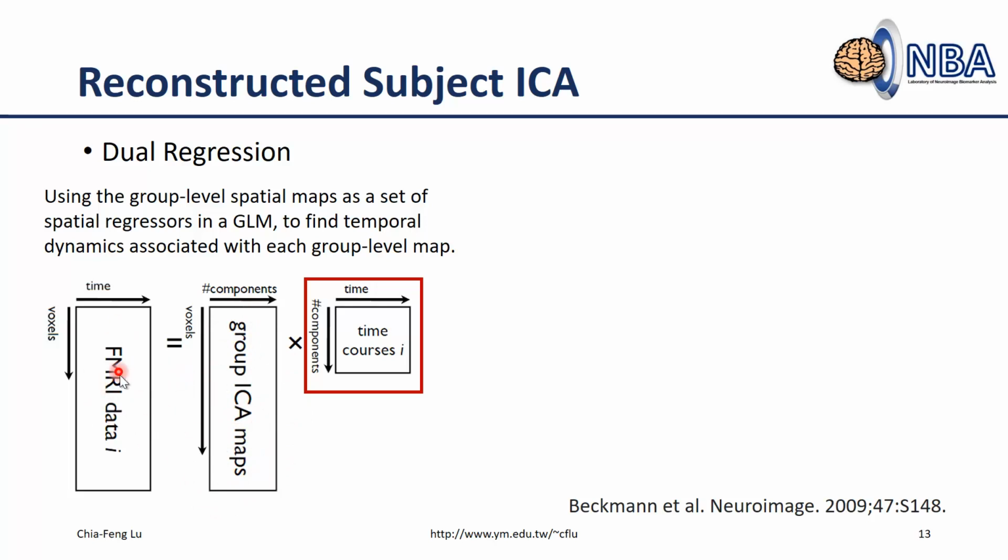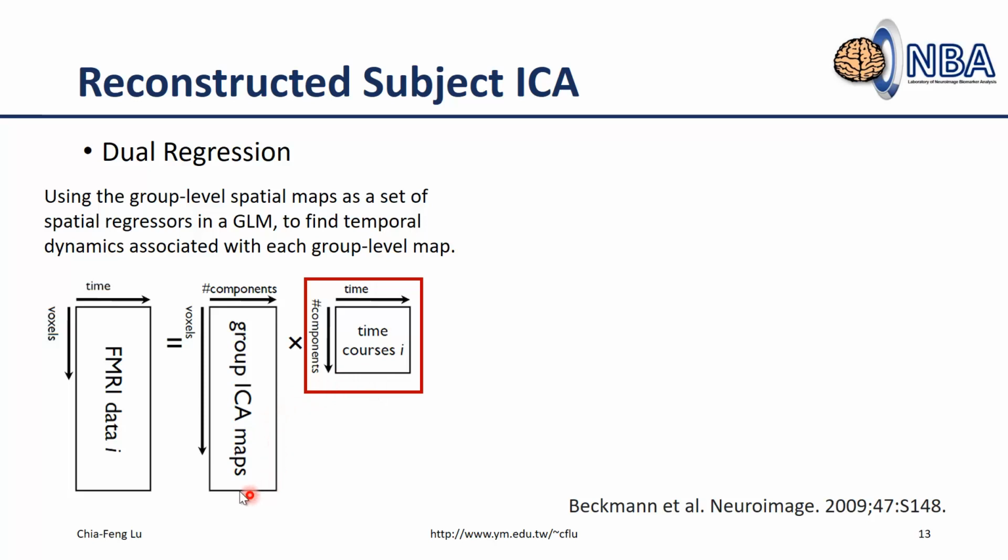So these 2 things are known. This is what you have on hand. This one is the unknown variable that you need to calculate. With this equation, you simply need to perform a GLM to get these time courses. It's not that hard. So that is what you are going to do.